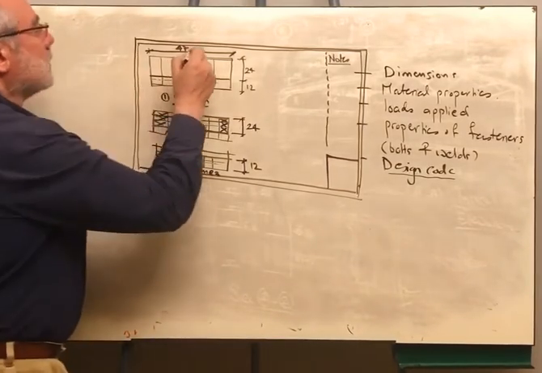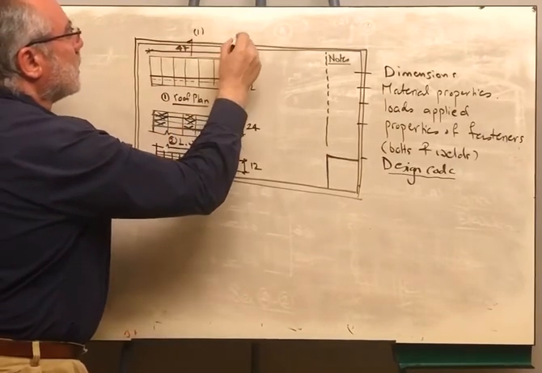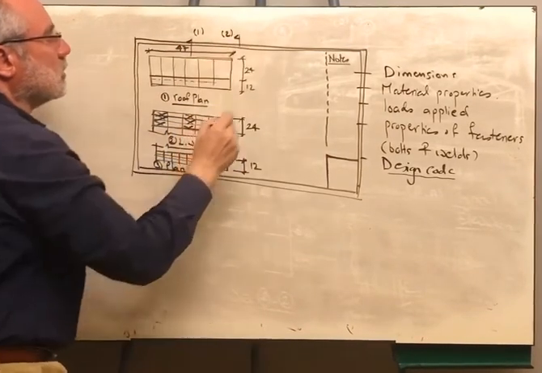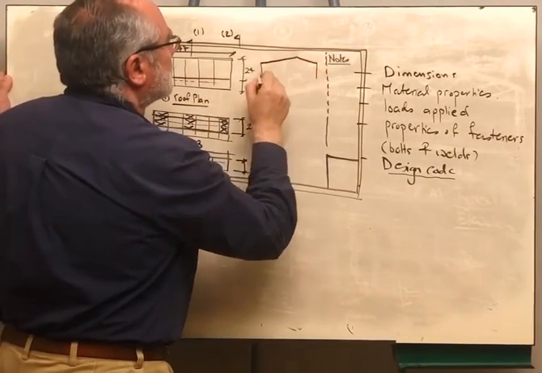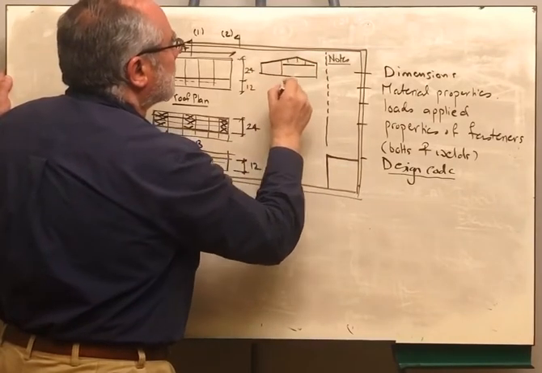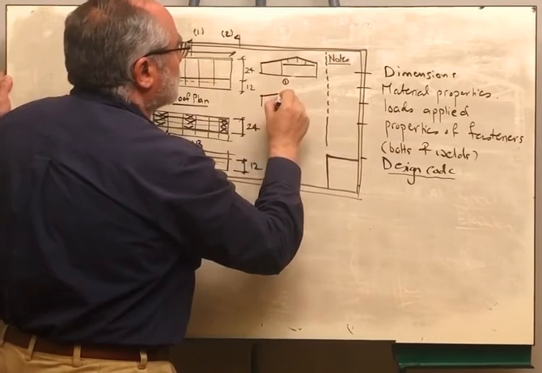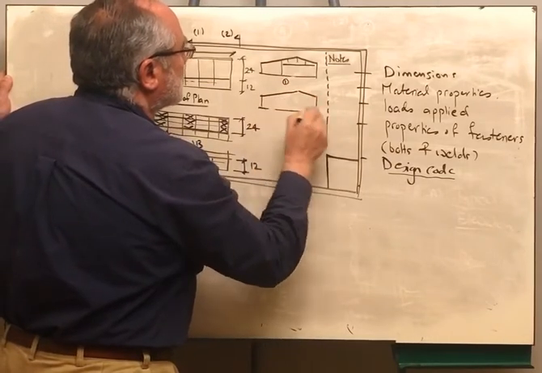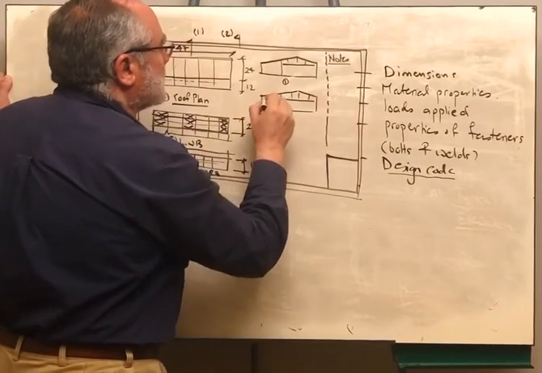And then you are going to take section 1 and section 2. Here you are going to draw section 1, and then you are going to draw section 2, which is the end gable.